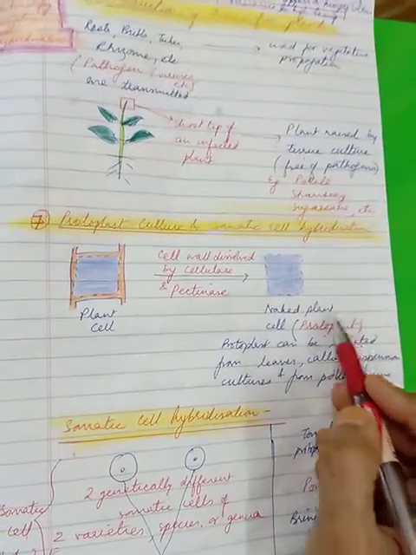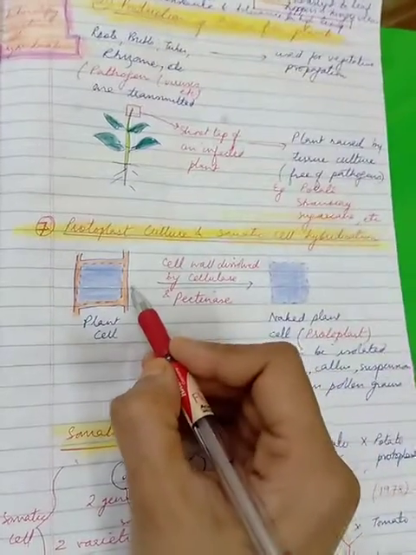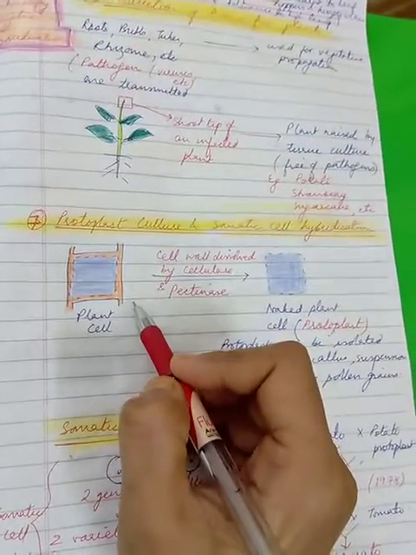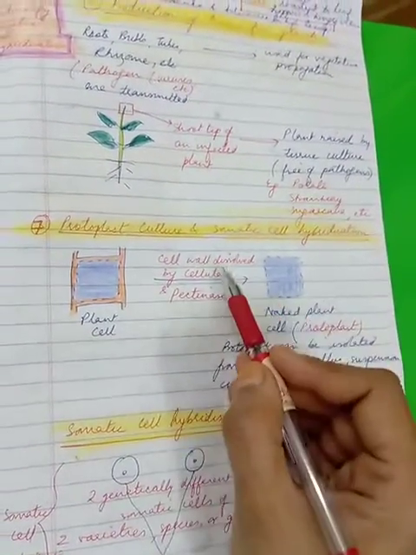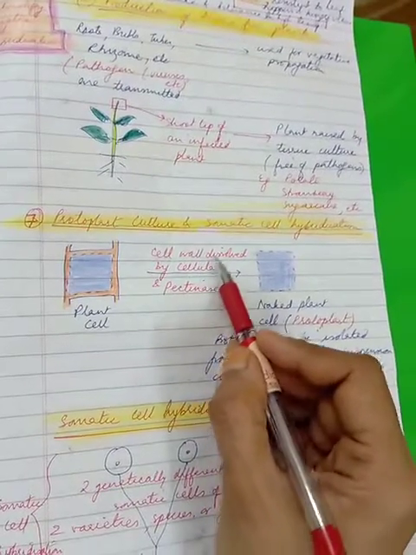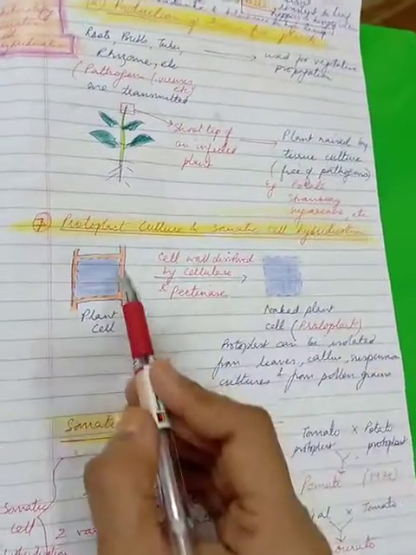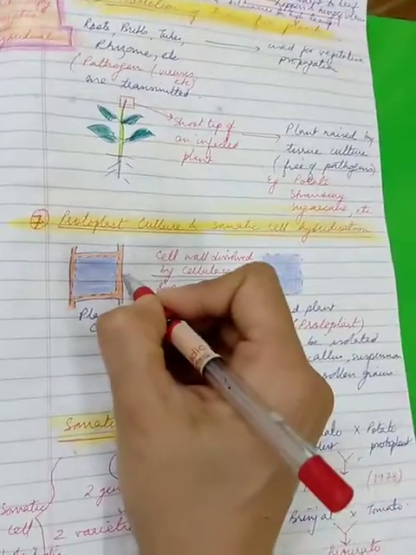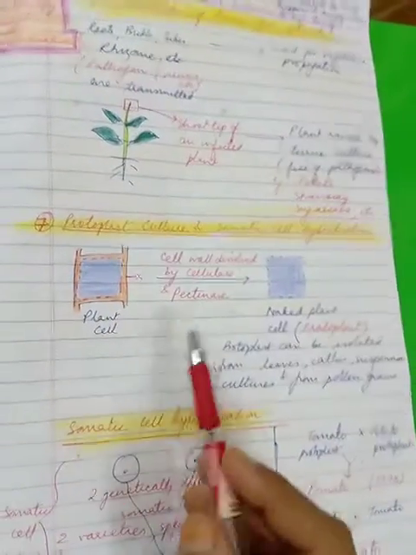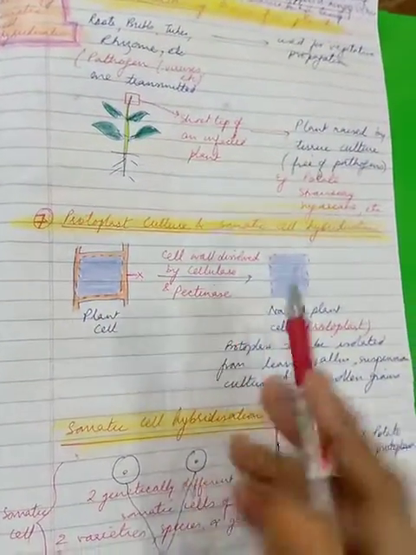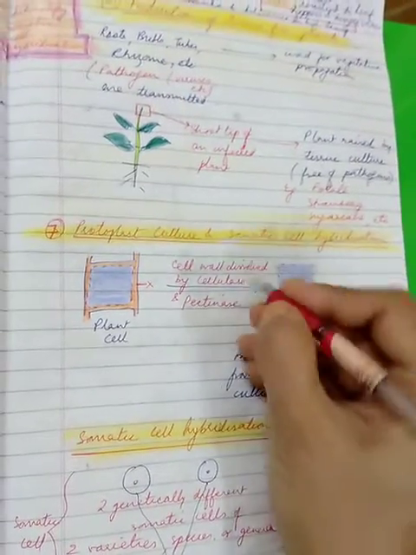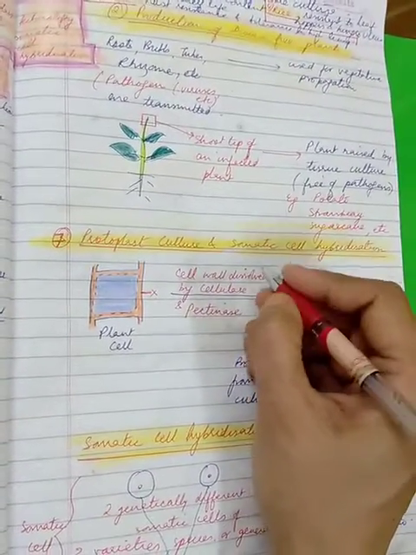Protoplast by definition means naked plant cells whose cell wall has been removed. Now cell wall, children, which is made up of cellulose, we know it, right? So imagine if this is removed from the plant cell, the outer part is removed. And how can we remove it? By certain enzymes called cellulases. They dissolve the cell wall, cellulose, right?